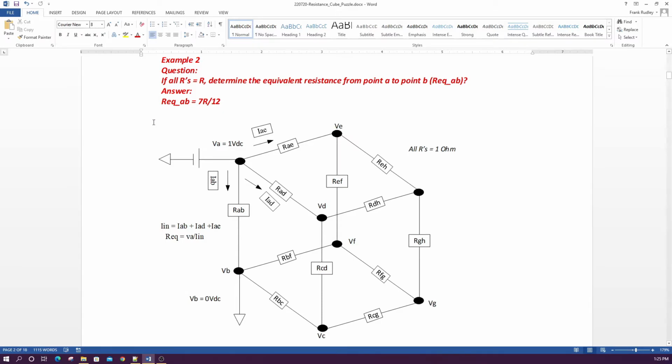The answer is 7/12 R. So it's 7R divided by 12. If R was 1 ohm, the answer would be 7 over 12 ohms. So that's for the edge, where before, for going corner to corner in example 1, we got 3/4 R.